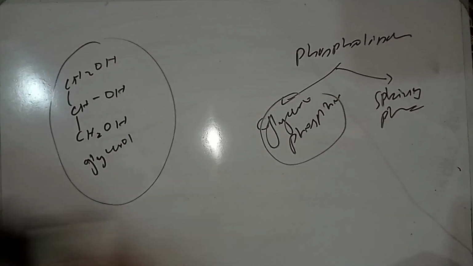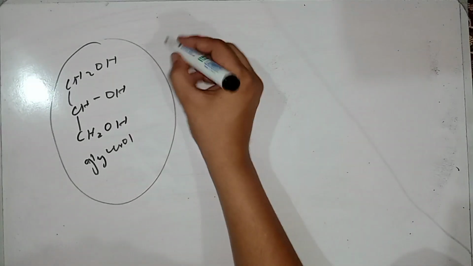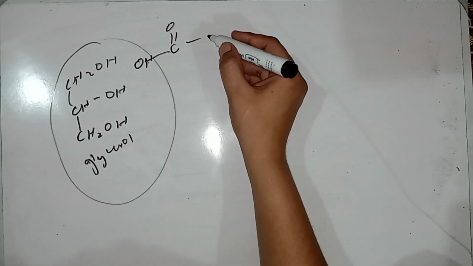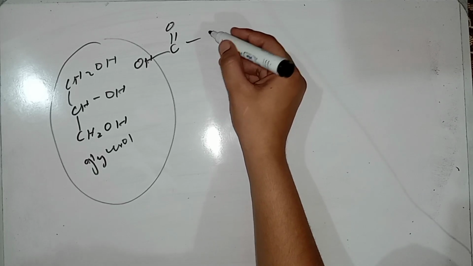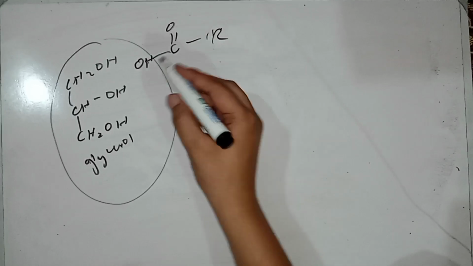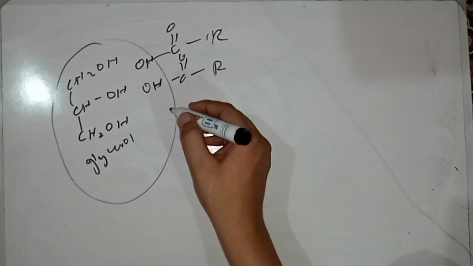This is glycerol, and when this glycerol reacts with fatty acids, let's say the fatty acid C double bond oxygen OH, and then here we write CH2, or you can write R here simply, and OH, C double bond oxygen R, and here is phosphate, at the third carbon.